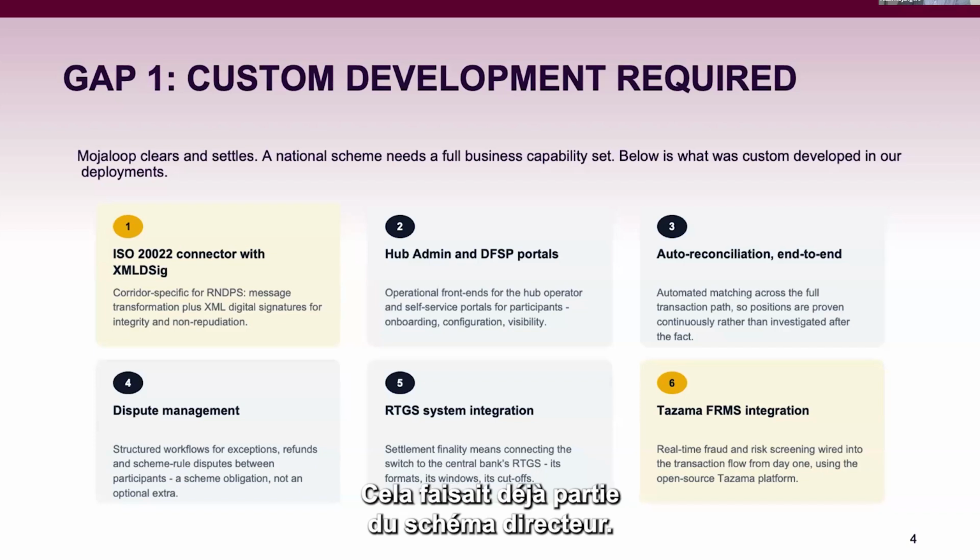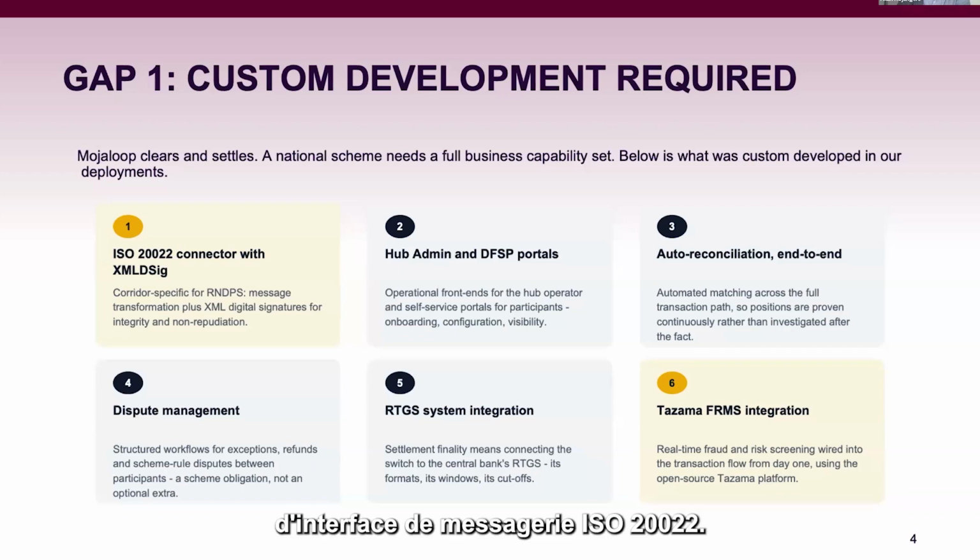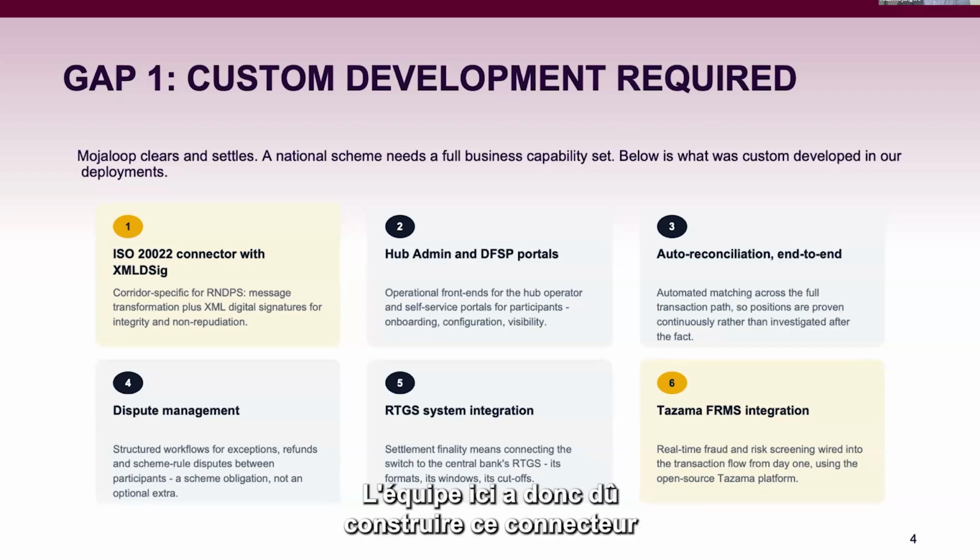This was already built into the RNDPS blueprint, and the MojaLoop version at that time did not have an ISO 20022 messaging interface. So what the team here was doing was to build that connector between the participants or DFSPs and the MojaLoop switch that was the core of the system.